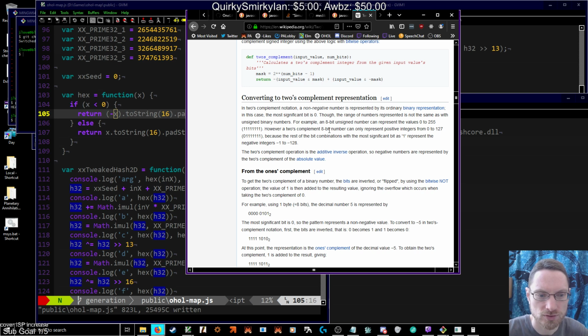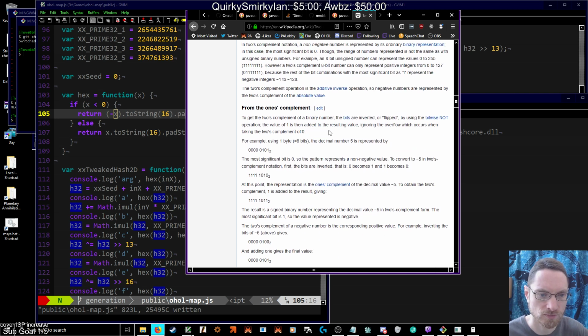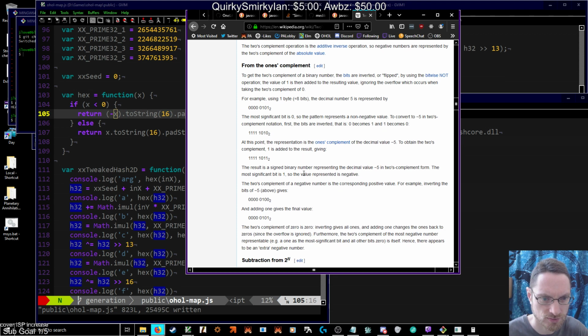Additive inverse. Decimal number 5, convert it to -5. The bits are inverted, 1 is added.